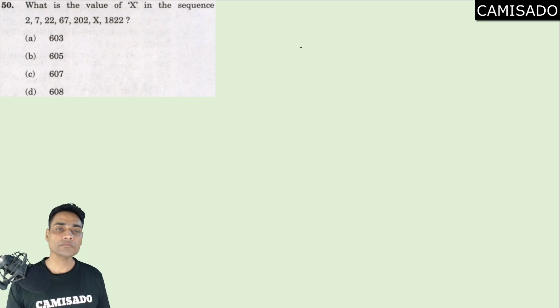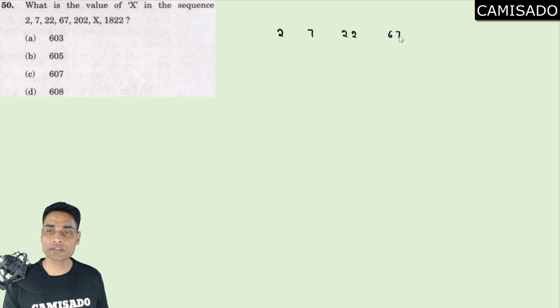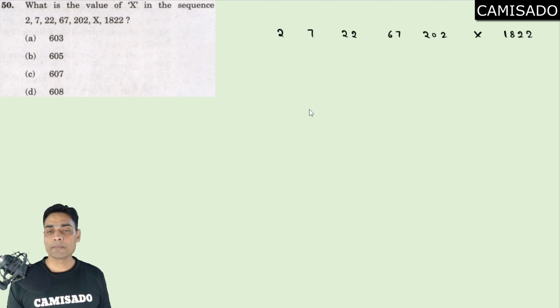Next, what is the value of x in the sequence? Now here 2, 7, 22, 67, 202, then x, and then 1822. The relation which we can see here is 3x plus 1.